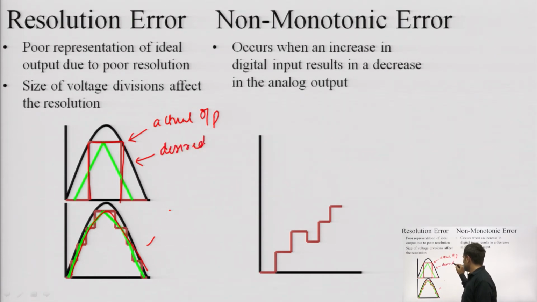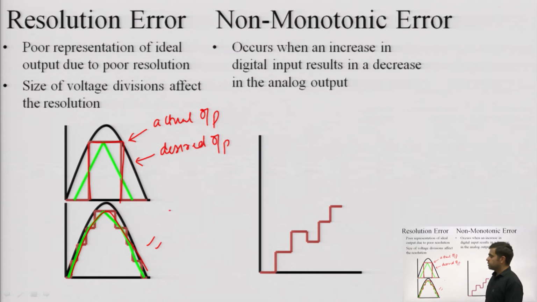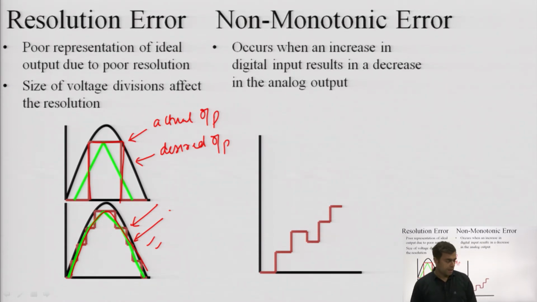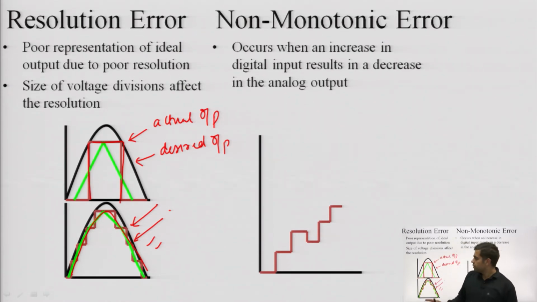So there is a lot of difference between the actual and desired if we are using lesser number of bits for resolution. But if there are substantial number of bits for resolution, then there will be substantial number of levels, and the actual and obtained will be almost similar. Higher the resolution, greater will be the accuracy of the output.